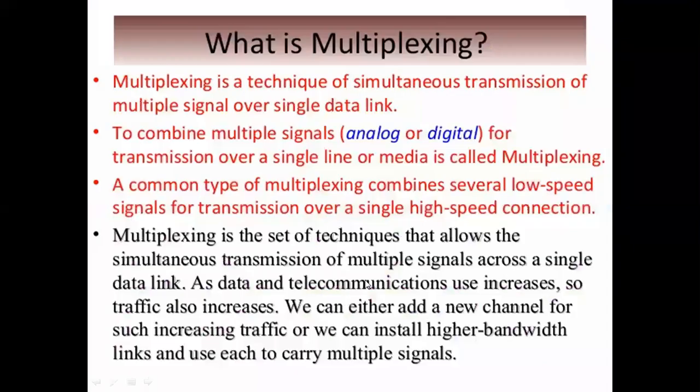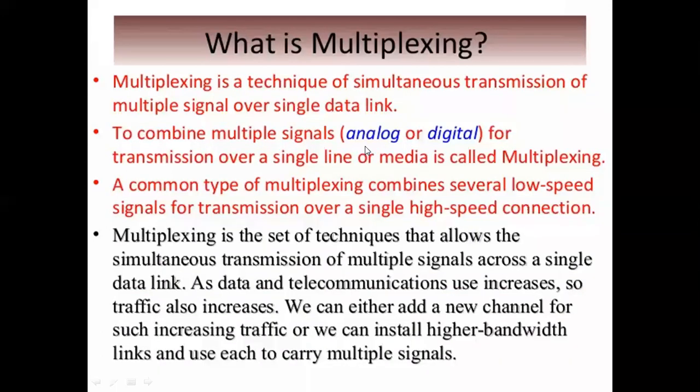Now, what is multiplexing? Multiplexing is a technique of simultaneous transmission of multiple signals over a single data link, where the data link is the channel.